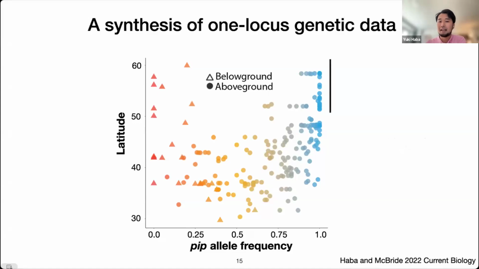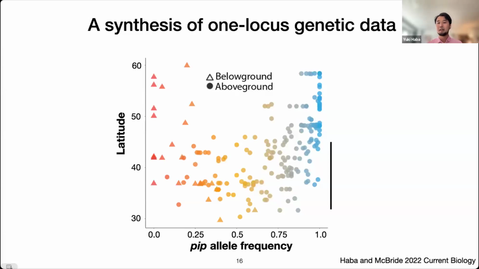What we found was that in the northern latitude, like the UK or Sweden, above ground pipiens and below ground molestus are actually two genetically distinct entities fitting the canonical description. However, in the south, the distinction becomes blurred. Above ground populations have more and more molestus alleles, and below ground populations have more pipiens alleles, indicating that the canonical dichotomy does not hold in the south.